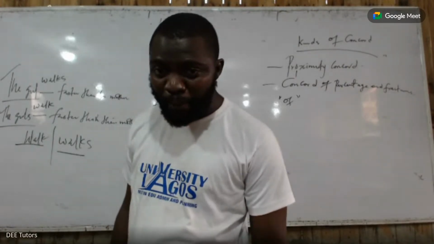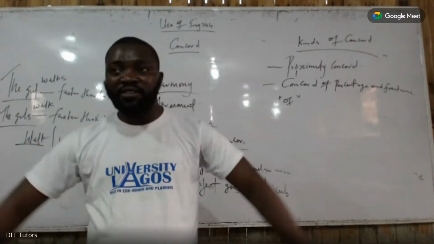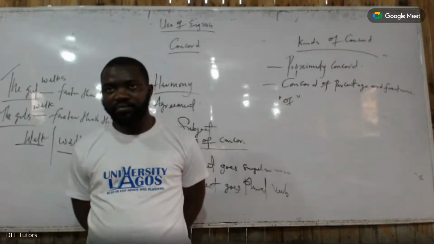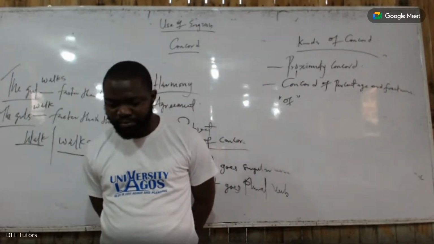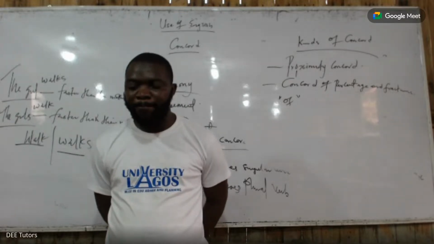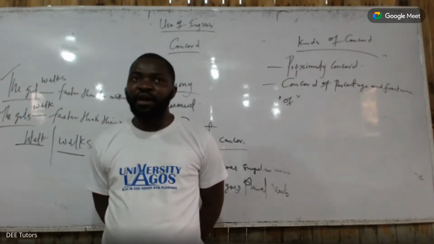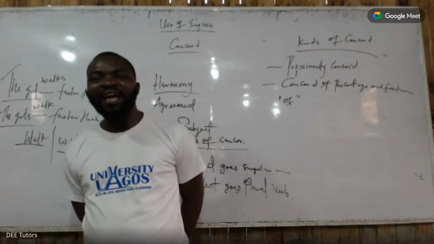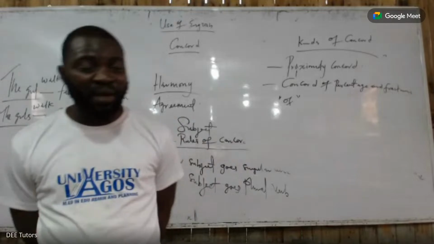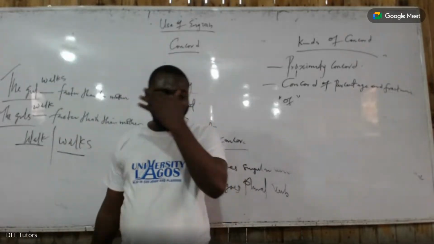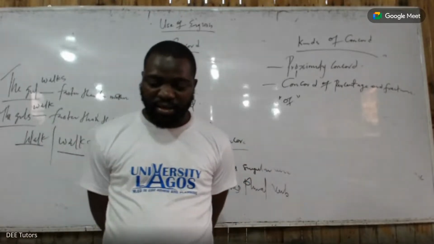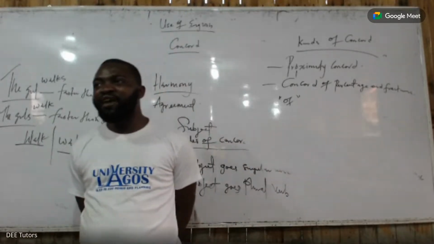Are you with me? Yes, sir. And it is immediately followed by what? By "of." Do you get me? Comma. It is the noun or pronoun after the "of" that will determine the verb to be used.